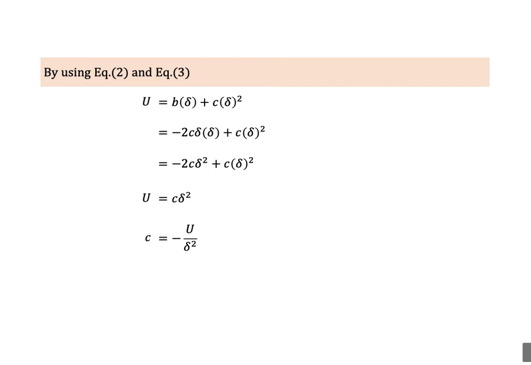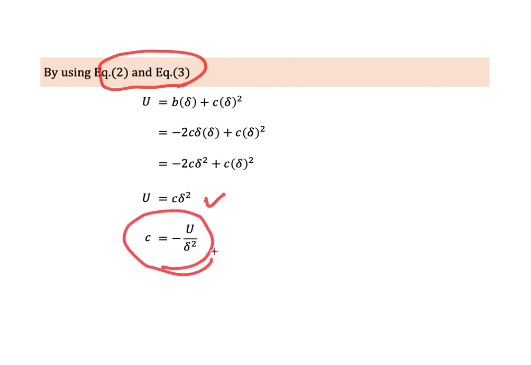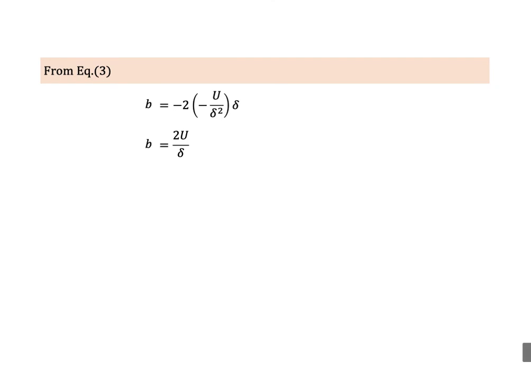Then we use equation number 2 and number 3. So we have this one, and we get capital U equal to c delta squared, and then c equal to negative U over delta squared. And then we can get the value of b: b is equal to 2U over delta.